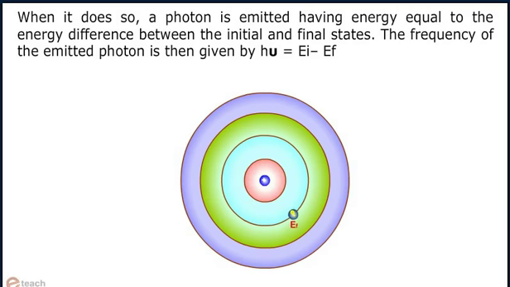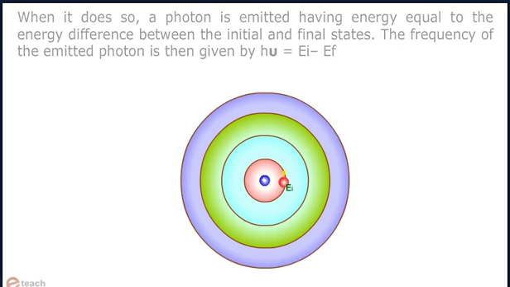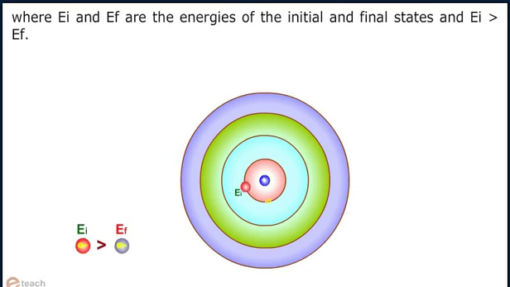The frequency of the emitted photon is then given by h nu equals E_i minus E_f, where E_i and E_f are the energies of the initial and final states, and E_i is greater than E_f.